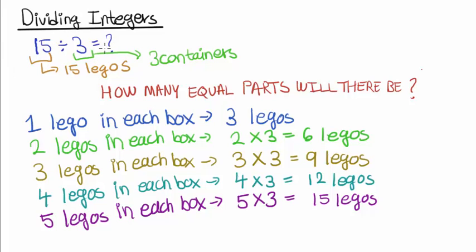So let's do one more example with division before we get into rules and some examples that are more complicated. So in this example, let's move away from Legos and let's focus on something like shoes. So let's say I wanted to figure out what the answer to 12 divided by 4 is. You can use a similar approach, such as the Legos approach in the last example, or you can mix things up and think about it in terms of shoes.